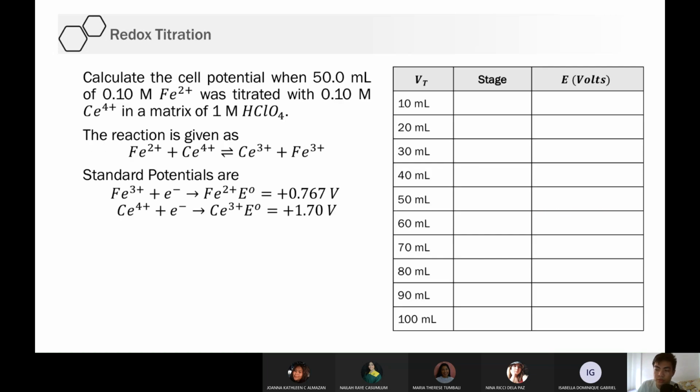So, ang solving na to, maybe sa worksheet ko na lang gagawin. Apologies, parang nagmamadali talaga tayo. Yes, medyo nagmamadali tayo because we have a very limited time. So, yung solving for the E-cell, I will upload the answer in the worksheet.